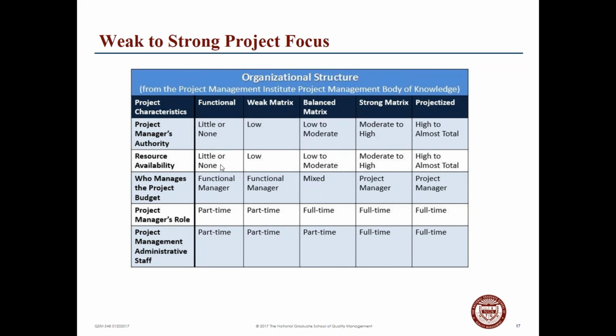In the functional world, it's limited, and when we move to the other end of a projectized structure, there is significant focus on or access to resources. And again, it makes sense that where the authority lies is where the management of the project takes place. So in functional, it's the functional manager, whereas at the project end, it's the project manager.